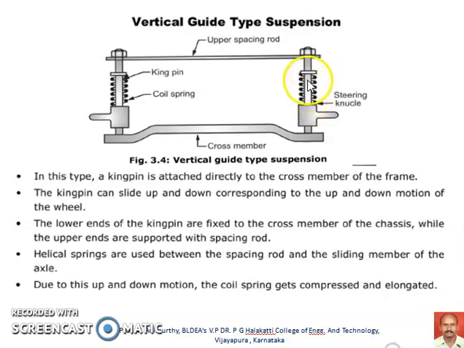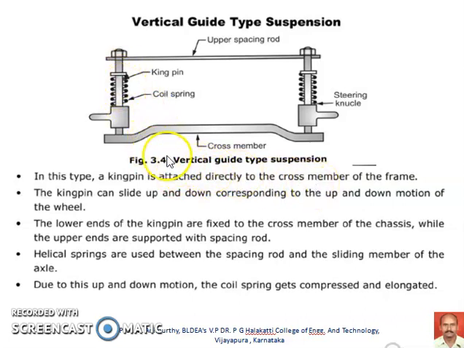A spindle that supports the stub axle also supports the kingpin, and a coil spring is provided here. Above this, an upper spacing rod communicates between the left and right vertical guide type suspension elements. Here, this is the kingpin.